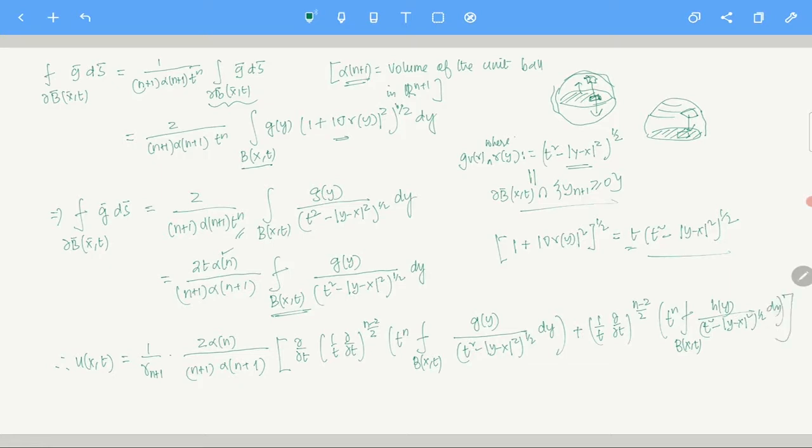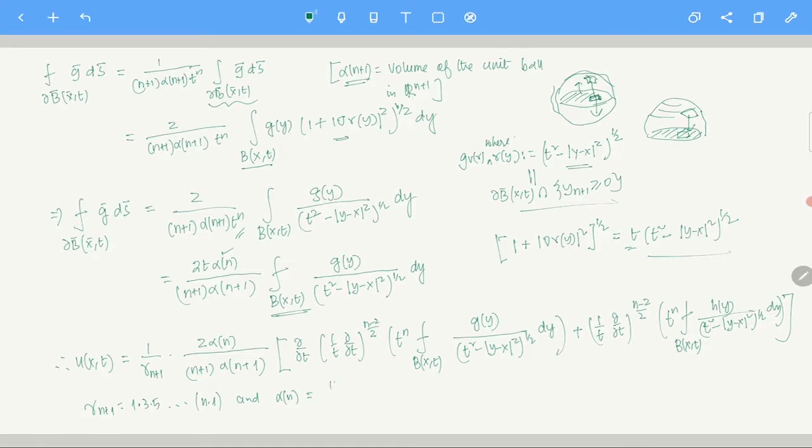Clear? So here, of course, you remember gamma n plus 1 is 1 times 3 times, up to, times n minus 1. And what is alpha n? Alpha n, as I told you, is just the volume of the unit ball, or unit sphere or whatever you want to call it.